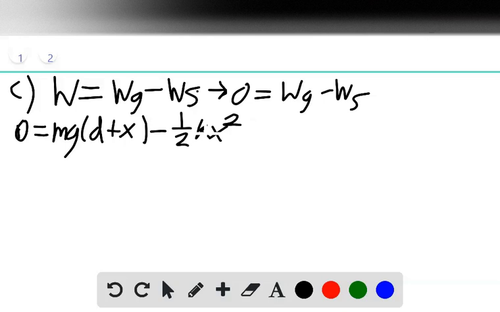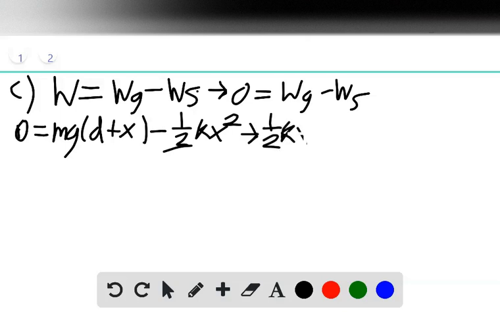All right, so we can expand this a little bit and get a kind of nice quadratic equation. We're going to add this over the other side so we don't have a negative starting coefficient.